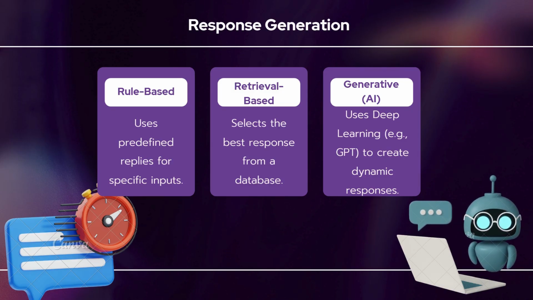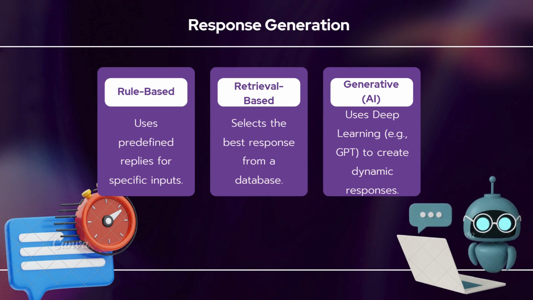This is the most advanced form of response generation, as it allows chatbots to handle a wide range of queries, adapt to different contexts, and provide personalized responses. Each of these response generation methods has its use cases, and modern chatbots often combine these techniques to provide the best user experience. With advancements in AI, we are seeing a shift towards more generative models, making chatbots smarter and more conversational.